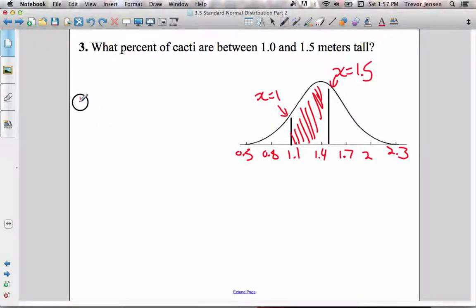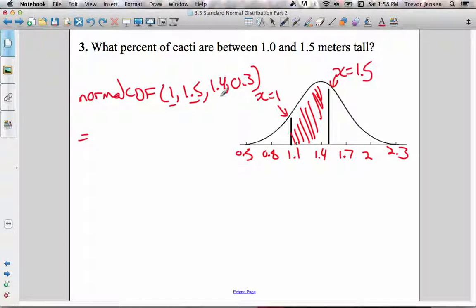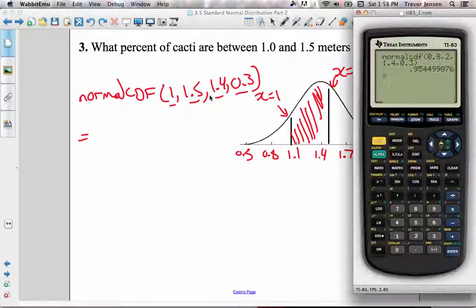I just have to use the calculator function normalcdf. Tell it my left and right boundaries, which are 1 and 1.5, and then tell it the mean and standard deviation of the data set, which is 1.4 and 0.3. The calculator will then tell me what percent of the data in the data set are between 1 and 1.5. So second vars, normalcdf, 1, 1.5, 1.4, 0.3.